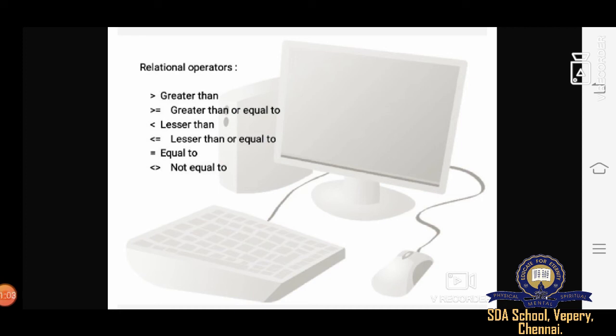Or if the sales is greater than 5,000, then the output is profit. These decisions are made using relational operators: greater than or equal to, lesser than or equal to, and not equal to. Okay, so these are the operators that we use for flowcharts.